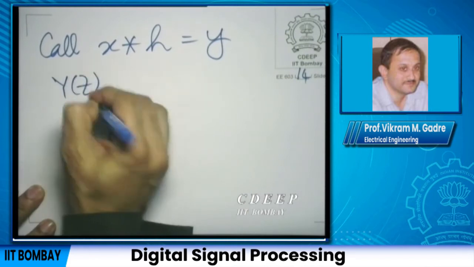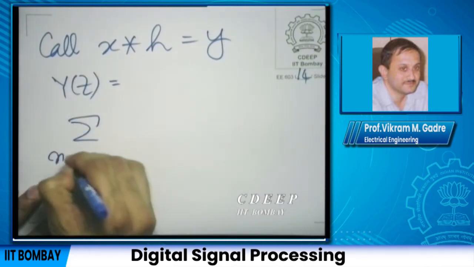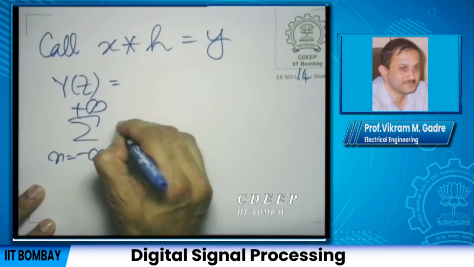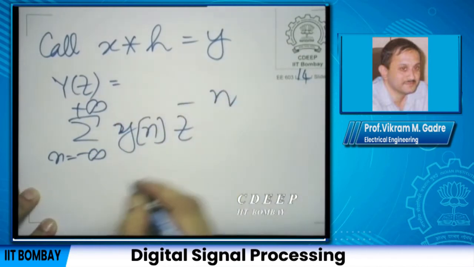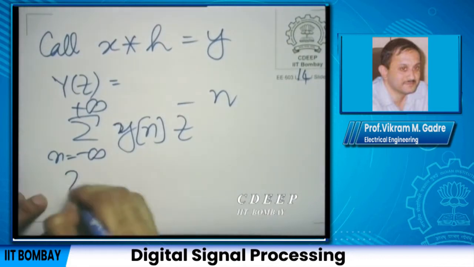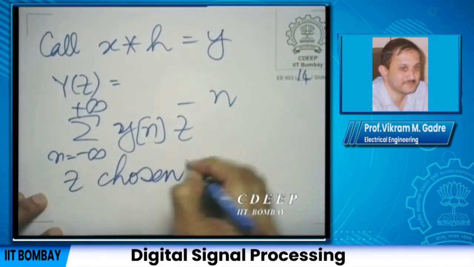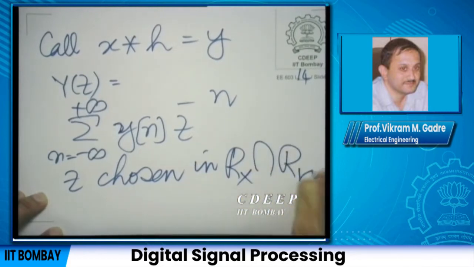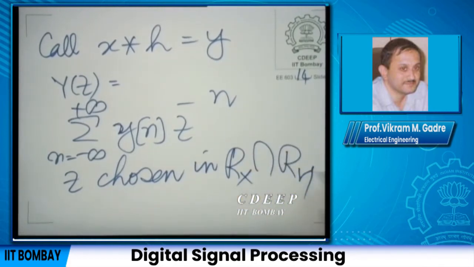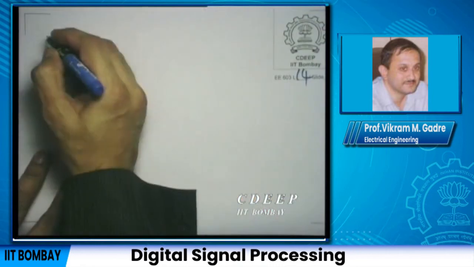So, Y(z) is of course summation n going from minus to plus infinity, y[n] z raised to the power minus n, and we have picked a z chosen suitably, chosen in Rx intersection Rh, as we have said. Now, expand y[n].